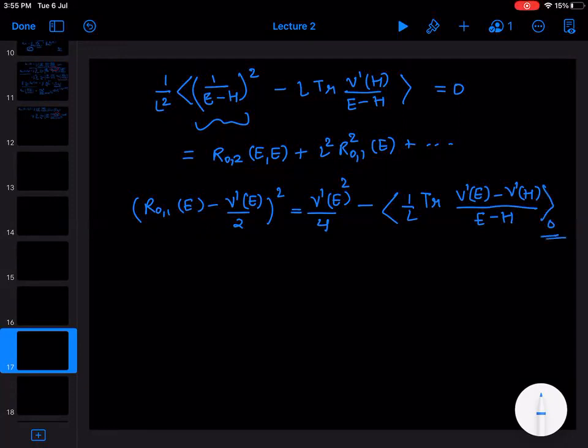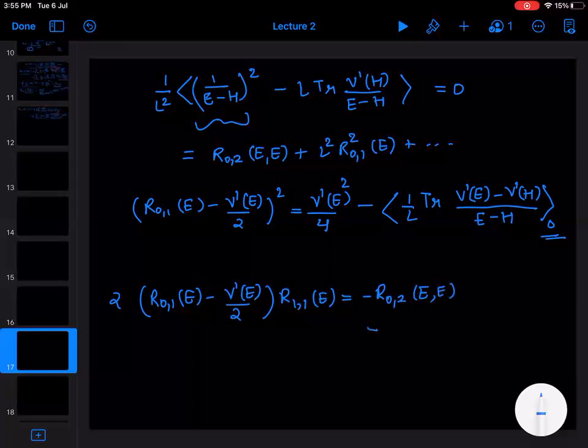This 0 here just means the leading order. And then the next order will be this. This one is just to denote that it's the next order.